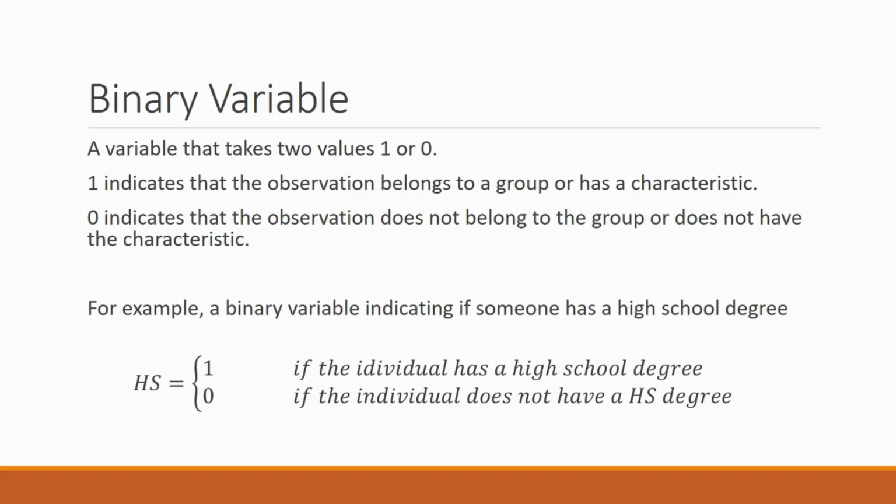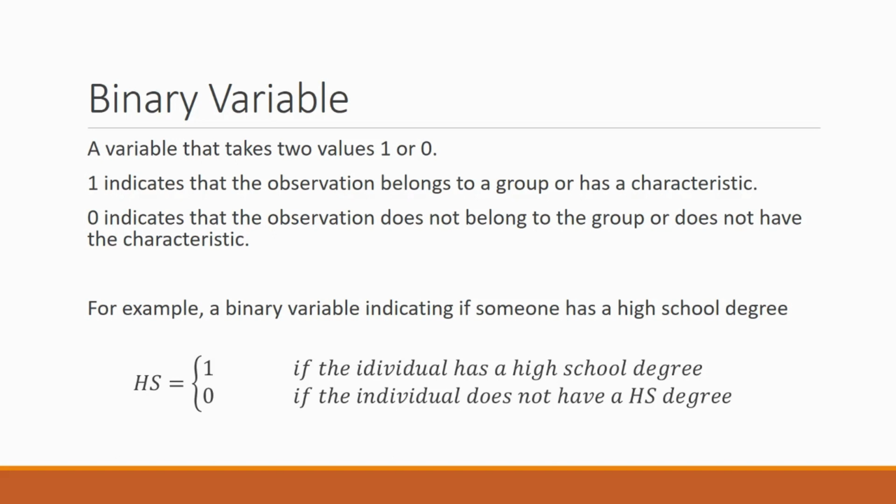But typically our binary variables will indicate that an individual or group, whatever our observation is, belongs to a particular group or has a particular characteristic. And 0 indicates that the observation does not belong to that group or does not have that particular characteristic.